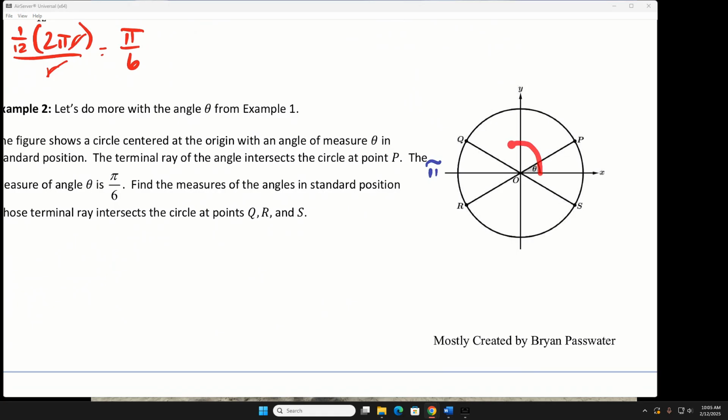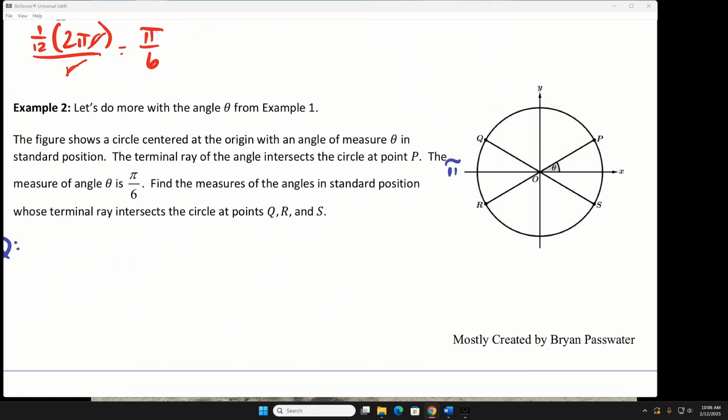I know this whole thing is pi. I know this angle right here from the x-axis is pi over 6. So what would I do with those two things to get that angle? Subtract. So I'm going to take the whole pi and subtract away the pi over 6 that I don't want, and that should give us Q.